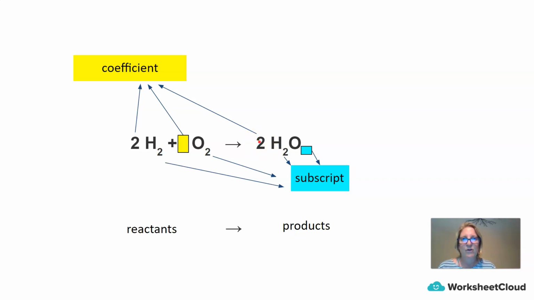And when we balance chemical reactions, we are only allowed to change the coefficients. The other numbers that we find in a chemical reaction are the subscripts, and they are written at the bottom of the letters. These represent number of atoms in the elements or in the compound, and you are not allowed to change these when balancing a chemical reaction.